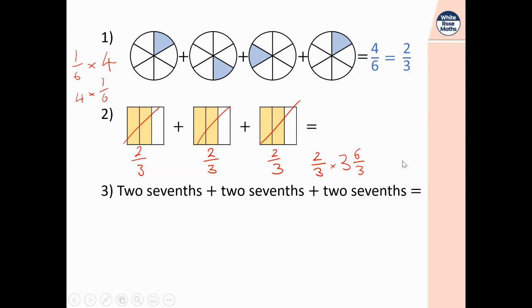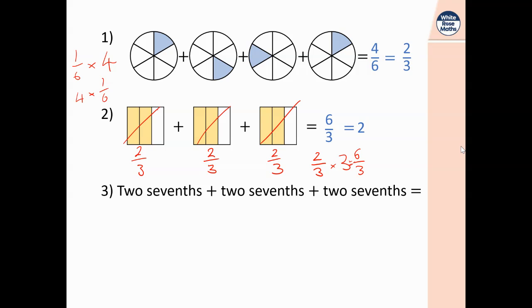If you see at the beginning, we've got 2/3, add another 2/3, add another 2/3. So in total, you'll end up with 6/3. Now, what do you notice about 6/3? This is an improper fraction. So of course, we should convert that back. What is 6 divided by 3? The answer, of course, is 2. So you end up with 2 wholes.